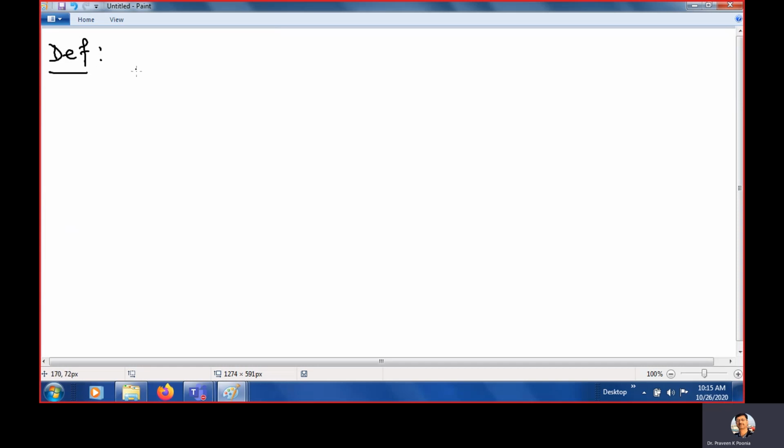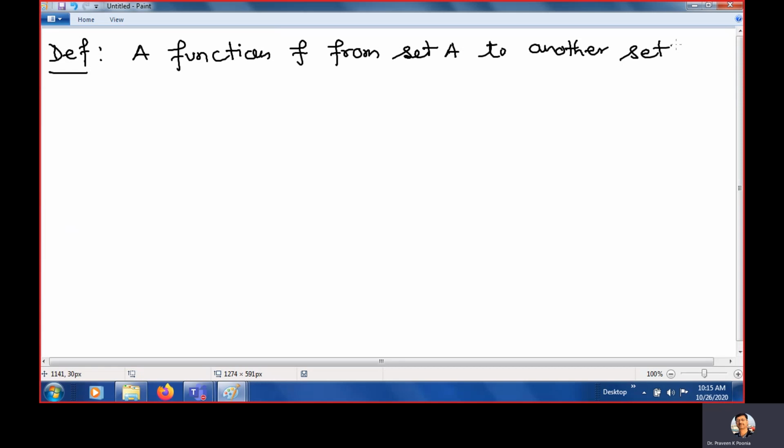And what is that definition? A function f from one set A to another set B is said to be 1-1 function.